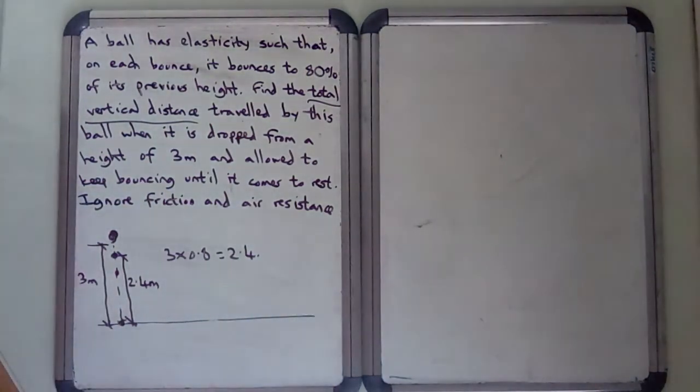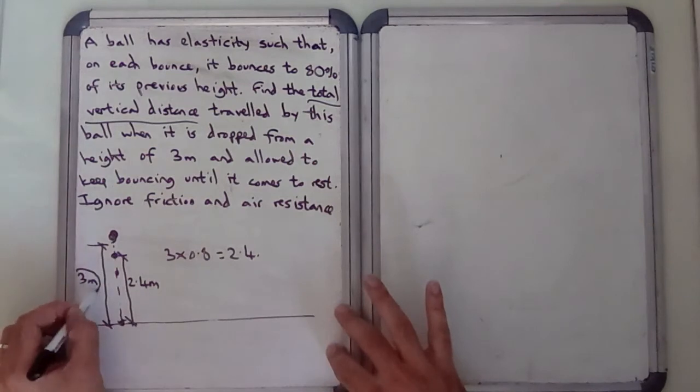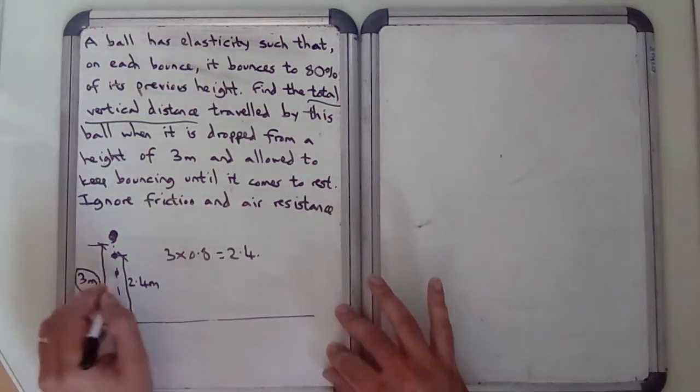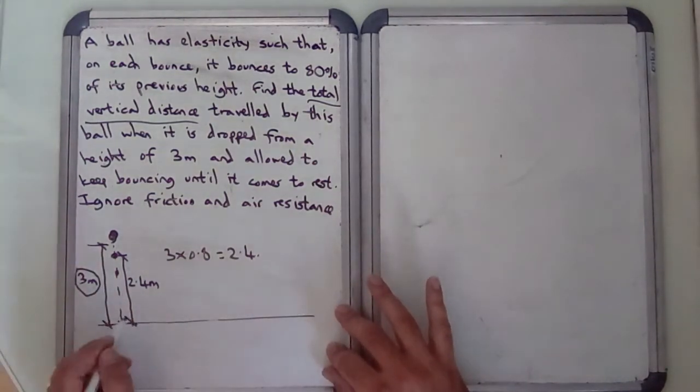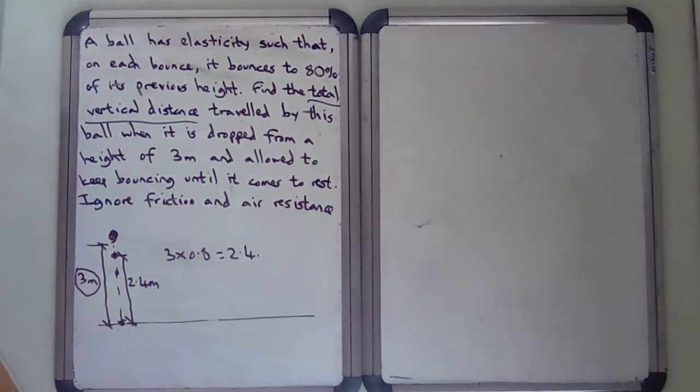So we need to work out a formula that we can use for this. Firstly, this series. I'm going to take the 3 as being on its own, and then look at what happens. So then you've got 2.4, then you've got 2.4 times 0.8, then you've got the answer to that times 0.8. So that is a geometric series because every time, to get the next term, we multiply by 0.8.